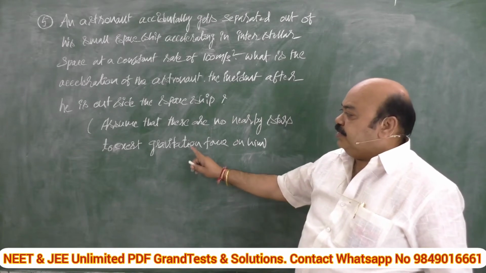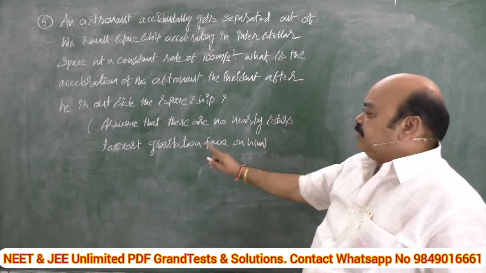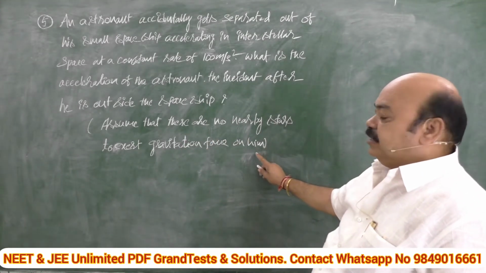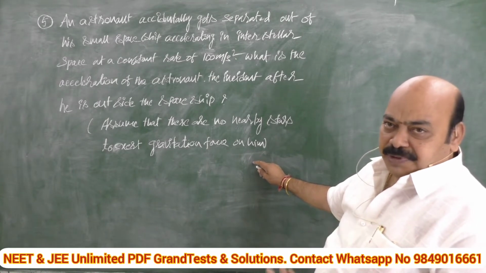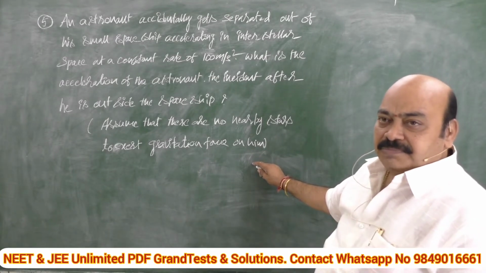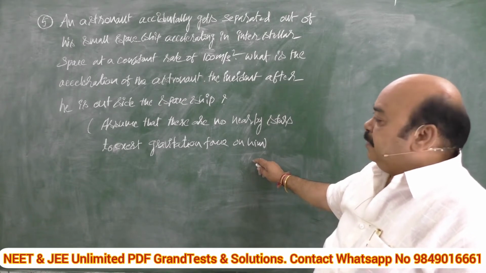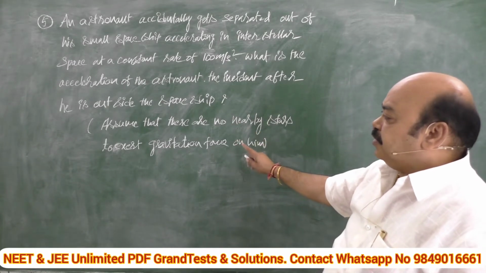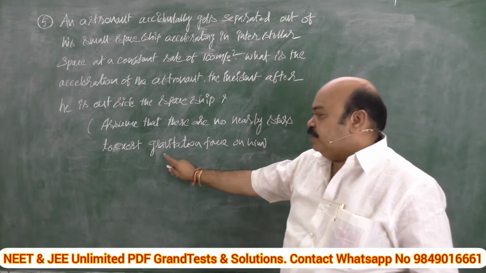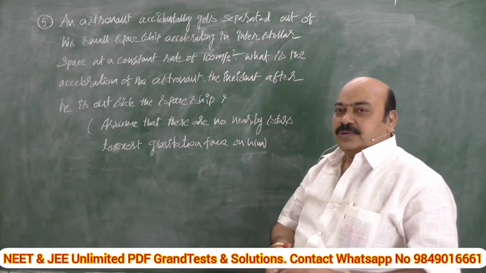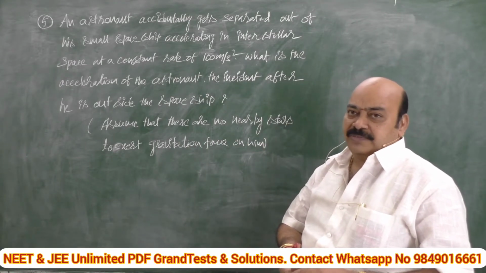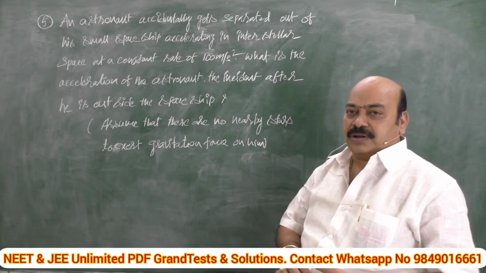Yet the condition is that there are no nearby stars to exert gravitational force. He is in space, that means he is out of atmosphere, hence Earth's acceleration due to gravity does not act on him. Moreover, there are no nearby stars which exert gravitational force. So there is no possibility for force acting on this astronaut.